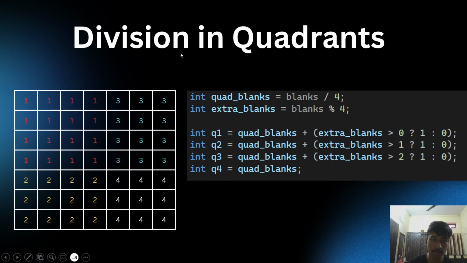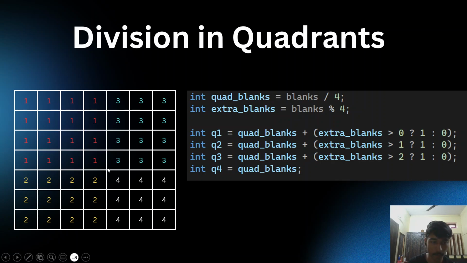As it's not an even square, the quadrants are not equally divided. I've made the first quadrant 4 cross 4, the second quadrant 3 cross 4, the third quadrant 4 cross 3, and the fourth quadrant 3 cross 3.